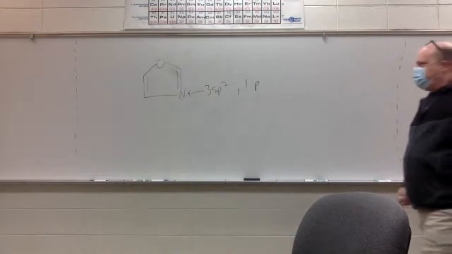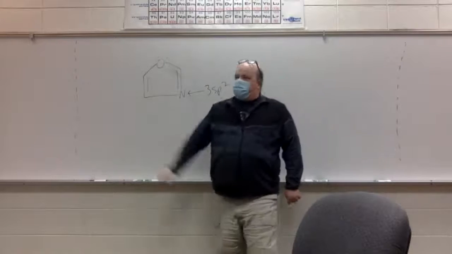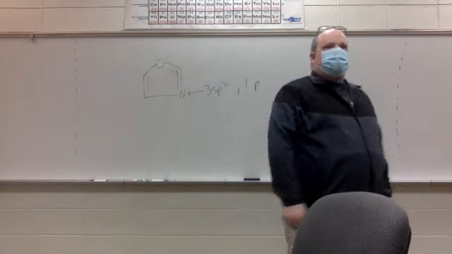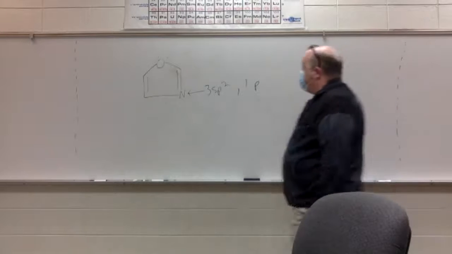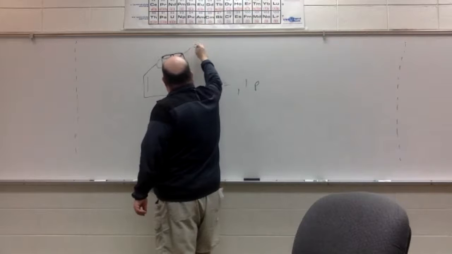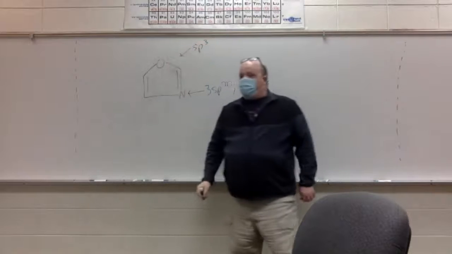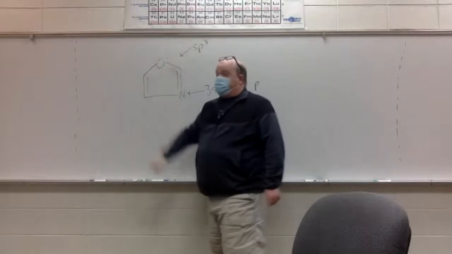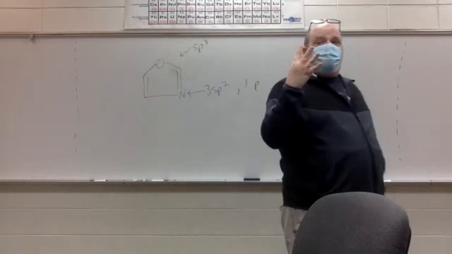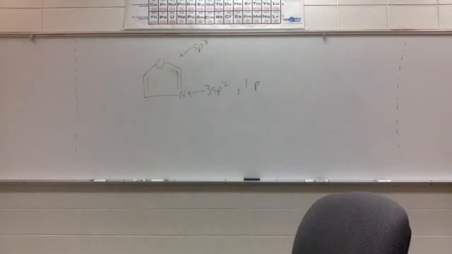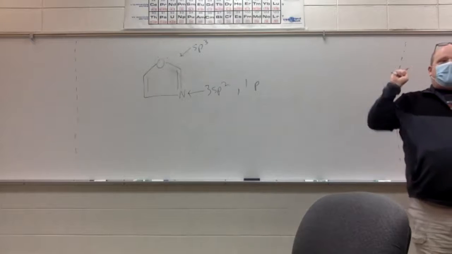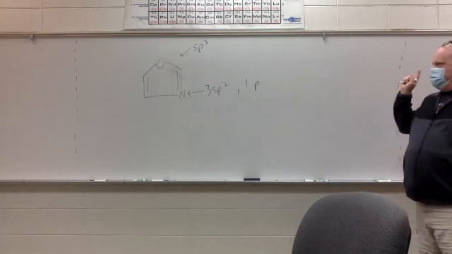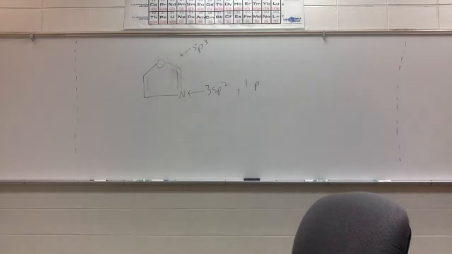What about this oxygen up here? sp3? Well, let's look at it. It's got 2 bonded carbon atoms, right? And it's got 2 unshared pairs. That's 4 groups, so that does correspond to our classically defined sp3 hybridization. However, we learned this as an exception to that rule. Why is this an exception?